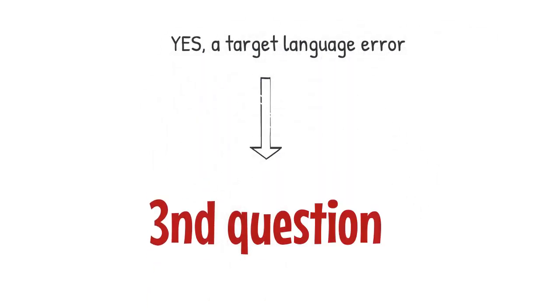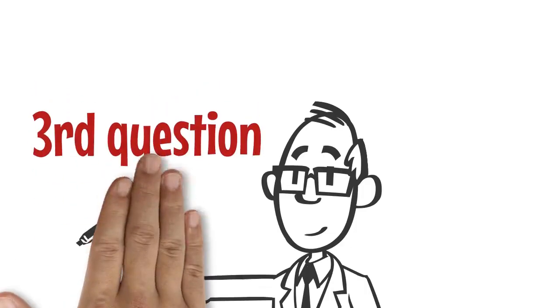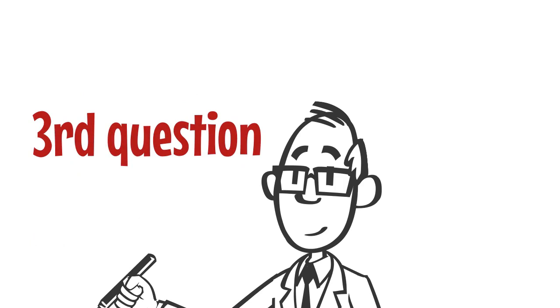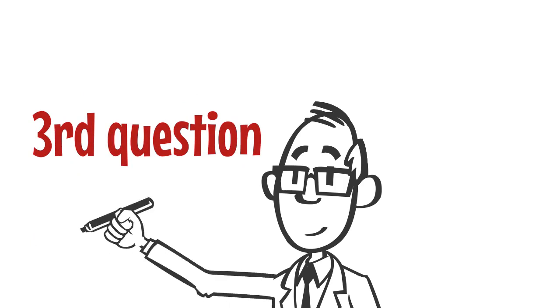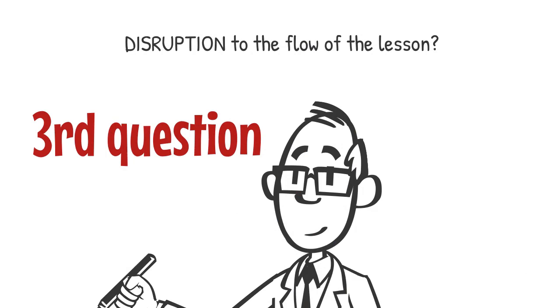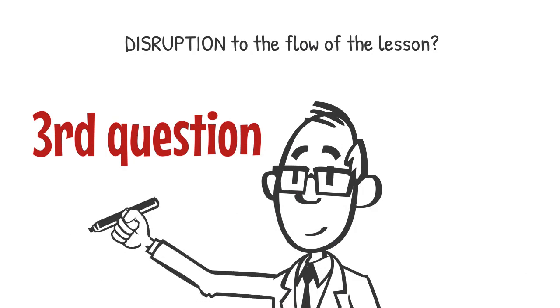However, if the answer is yes, the error is a target language error, then it is time for the next and last question. The final question that we should ask ourselves is, can the correction take place without disrupting the essential flow of the lesson or activity?